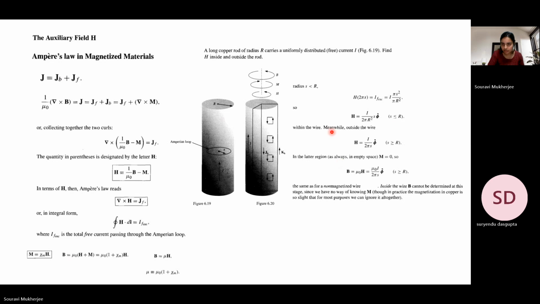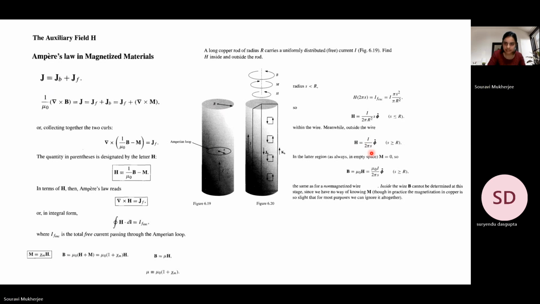While outside, the total current flowing through the rod will already be enclosed in the loop. So the auxiliary field is given as I by 2 pi S, where S is the distance from the rod.